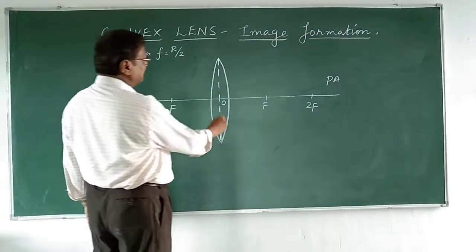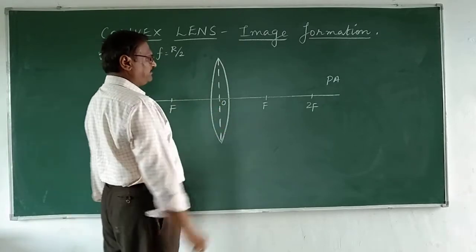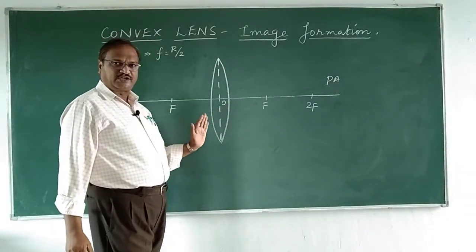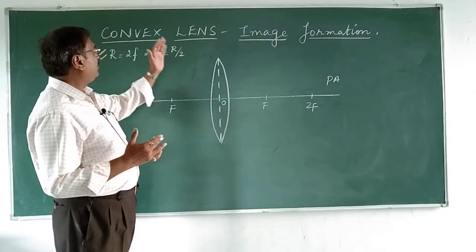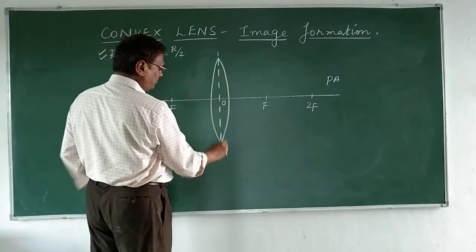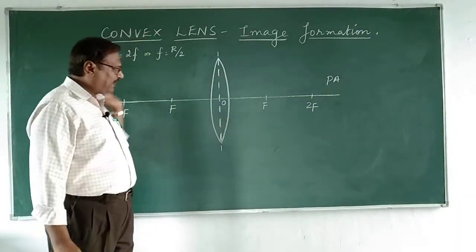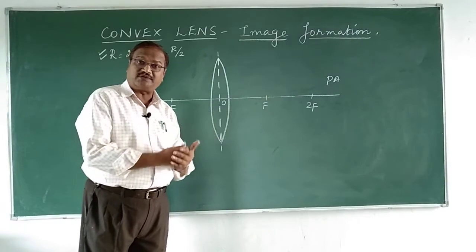But in a lens, since the surface is formed on two sides, it is called a biconvex lens. It has two parts, right? And the center of curvature of this part and this part may not be the same.